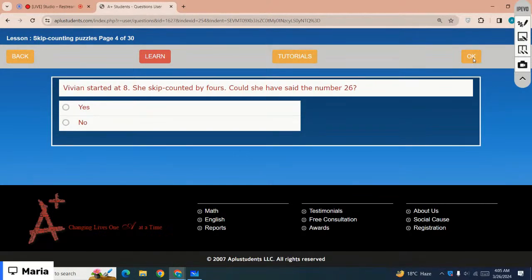The next one is Vivian started at 8. She skipped counting by fours. Could she have said the number 26, which is the correct option? Yes or no?